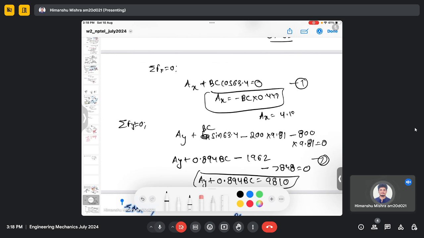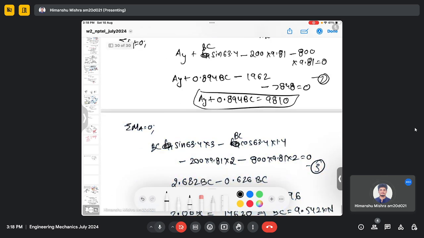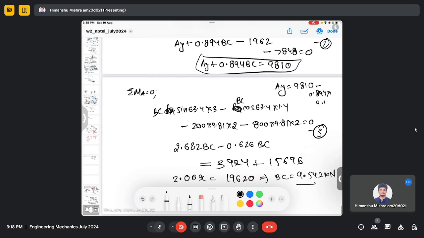So it will be 4.19 kilonewton, and AY will be 1.27 kilonewton.